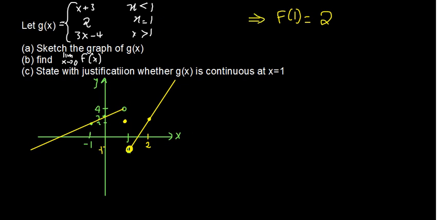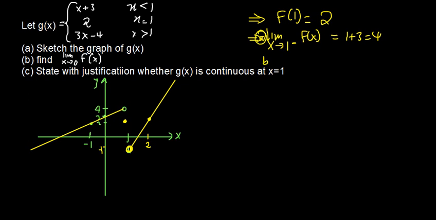Then the next thing that we need to find is the limit as x approaches 1 from the negative side for the function. Which one is talking about values of x less than 1? That is because we're approaching from the negative side. So that is the first one. Where there is x, we put 1 plus 3. That is going to give us a 4.